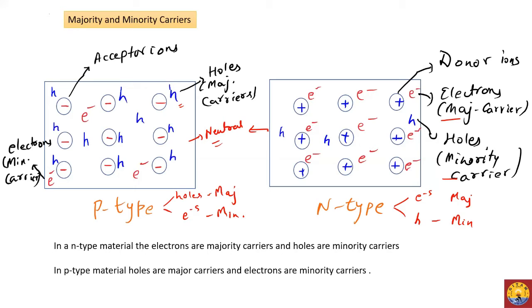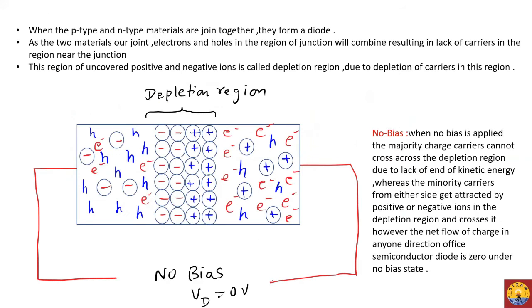Okay, if it is clear, we will go to a situation where we merge or combine the n-type and p-type. Here we have p-type and here we have n-type. We bring them together and that forms a PN diode.